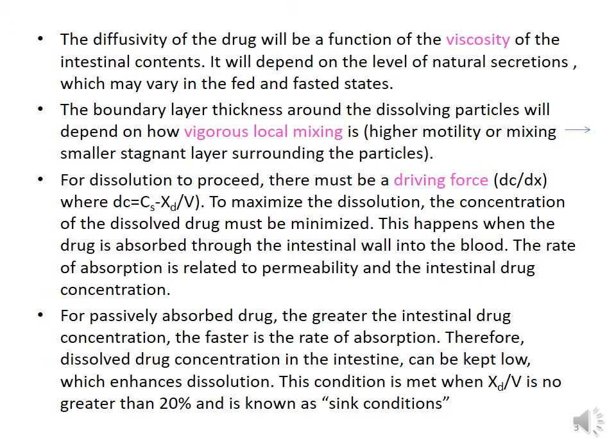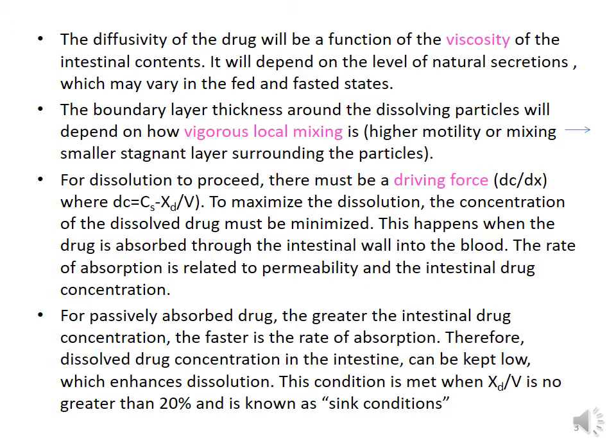To maximize drug dissolution, the concentration of dissolved drug must be minimized. Of course, this happens when the drug is absorbed through the intestinal wall and into the blood. The rate of absorption is related to the permeability of the drug and intestinal drug concentration, which is XT divided by volume.